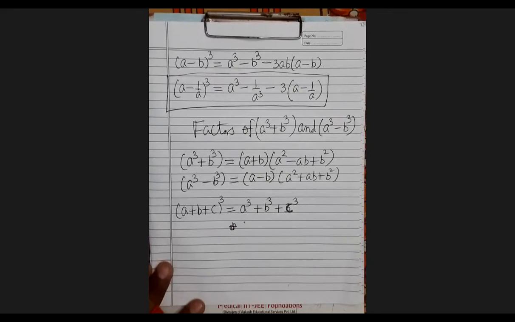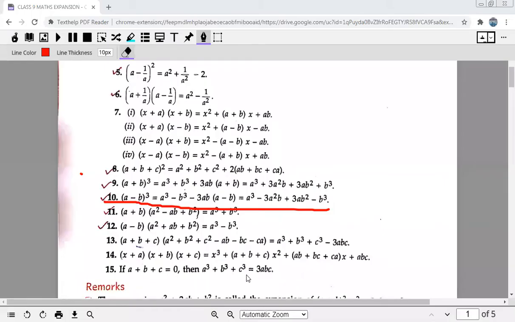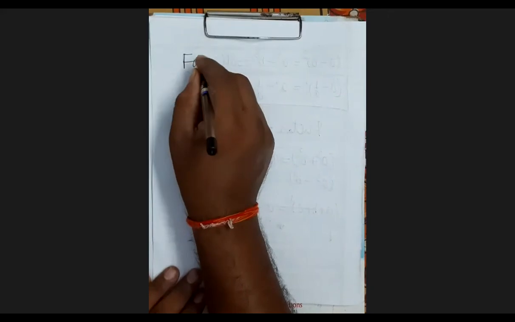You can see here this formula: the factors of A cube plus B cube plus C cube minus 3ABC.